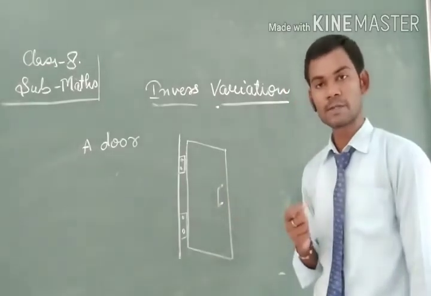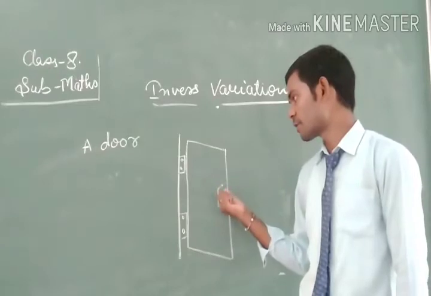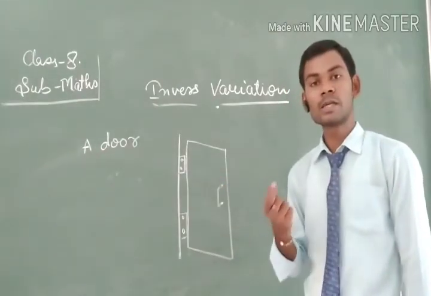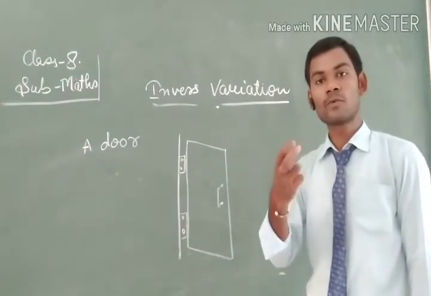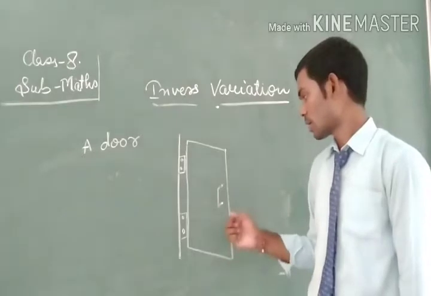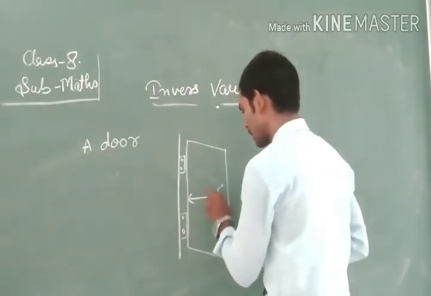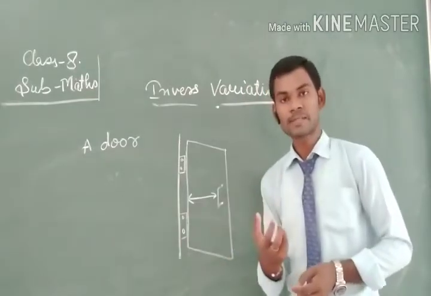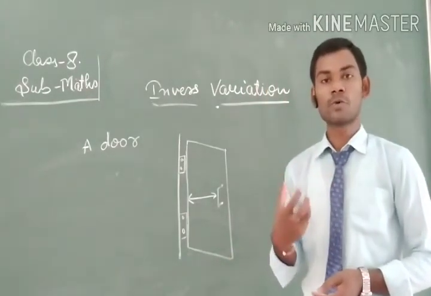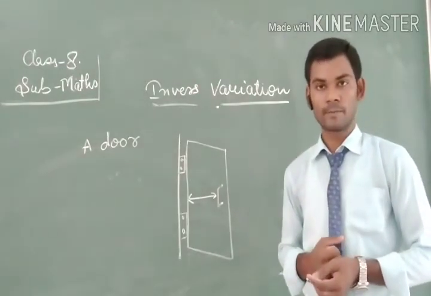This is because if the distance between the handle and the joint is greater, then we need less force to open or close the door. If the distance between the door and the joint is maximum, then we need less force to pull or push the door.